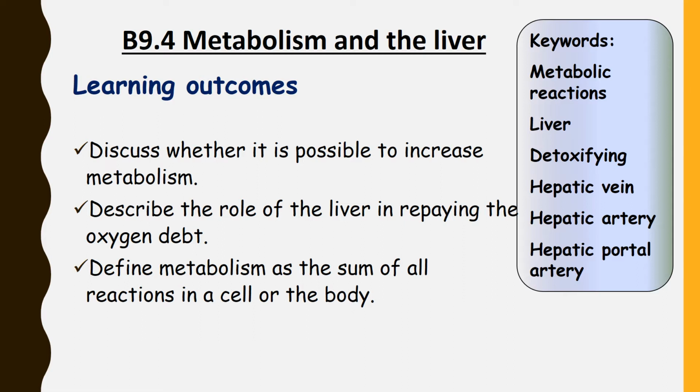For the top levels, we need to be able to discuss whether it's possible to increase metabolism. Some of the keywords we're going to be looking at: you can see there are some blood vessels on there, the hepatic vein, hepatic artery, and the hepatic portal artery. We're also going to be using metabolism and detoxifying, and obviously we're referring to the organ, the liver.